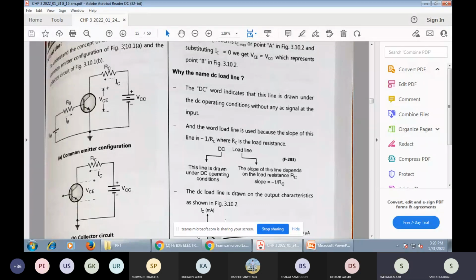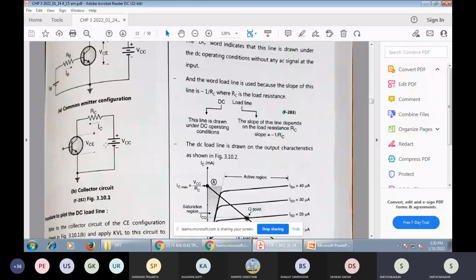Then here we can apply the KVL law. What is meant by KVL? Kirchhoff's voltage law. Here you can find only voltages. VCE is a voltage. VCC is also a voltage.